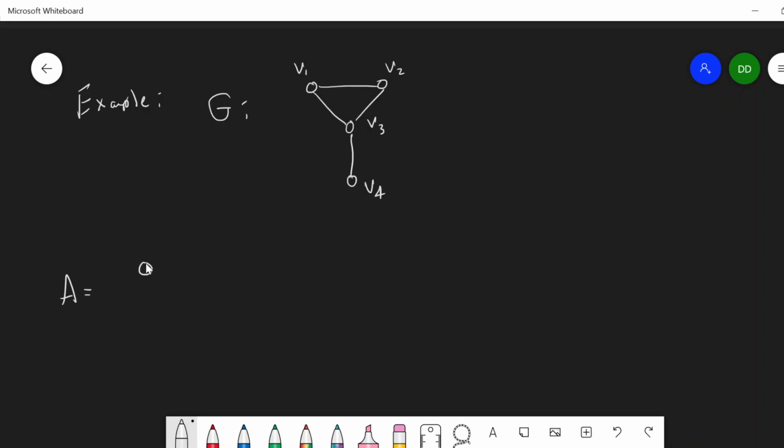It'll be a 4 by 4 matrix, with 0s on the diagonal. v1 is adjacent to v2, so 1, 1. v1 is adjacent to v3, so 1, 1. v1 is not adjacent to v4, so 0, 0. v2 is adjacent to v3, so that's a 1, 1. v2 is not adjacent to v4, so 0, 0. And then finally, v3 is adjacent to v4, so 1, 1. And there's my matrix A. So there's the adjacency matrix of this graph.